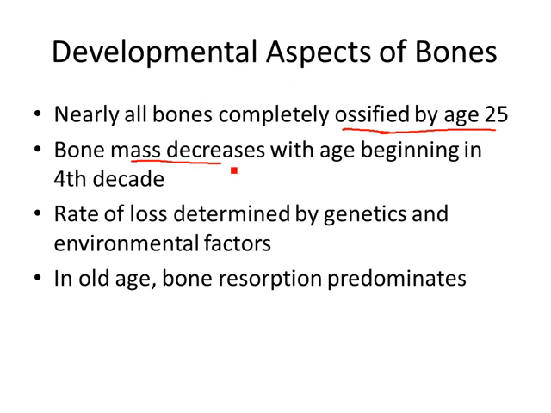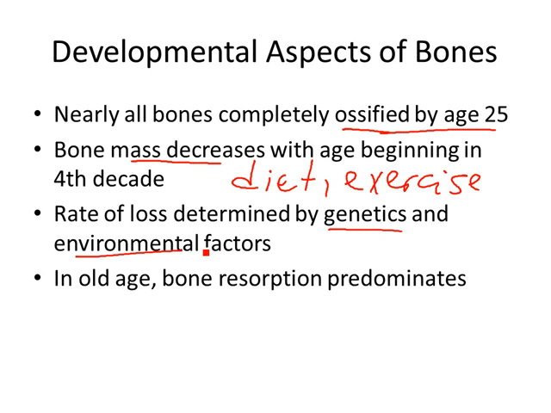The only way you can combat that, and I hope you learn this when you do your osteoporosis case study, is that diet and exercise will help you maintain bone mass after age 40. The rate of loss is determined by your genetics and your environmental factors. Things like smoking tend to decrease bone mass.